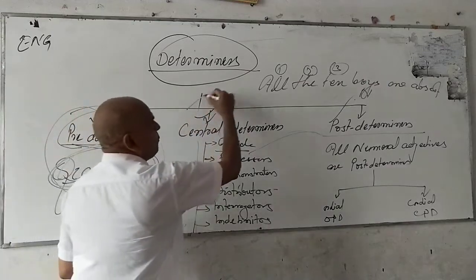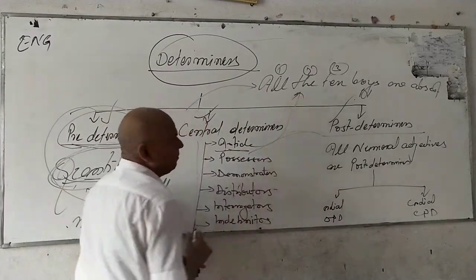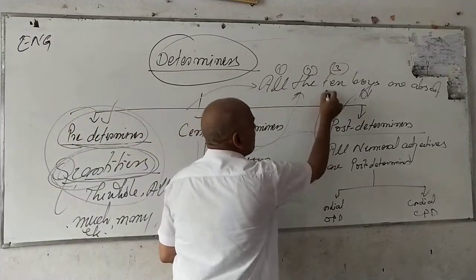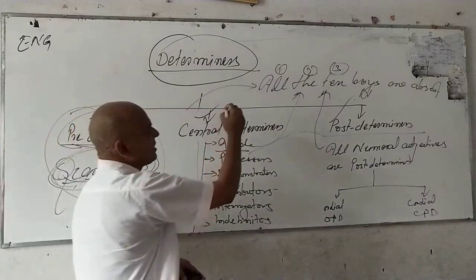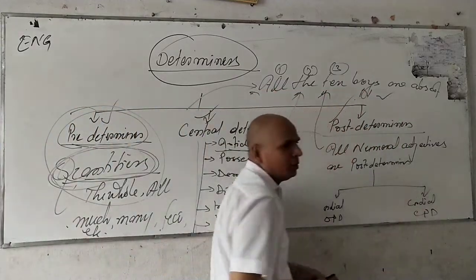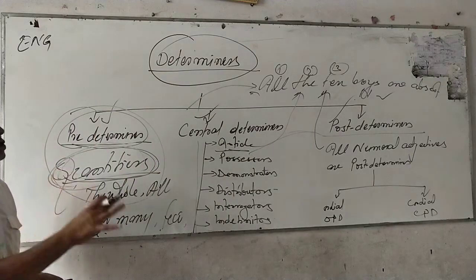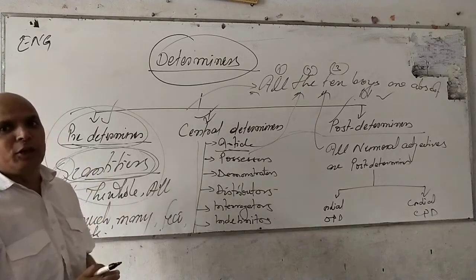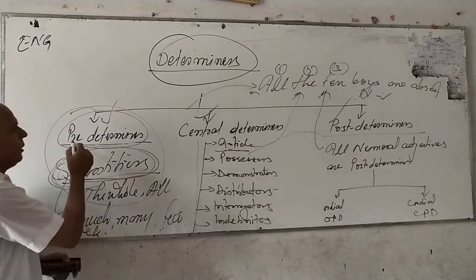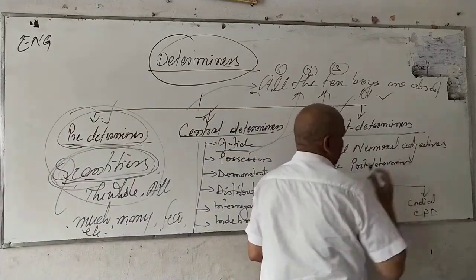Quantifier is supposed to come first, article in the center, and number last of all determiners, and that's why this sentence is grammatically correct. So this classification of determiner tells us the position of determiner, and that's why we initially categorize determiner into three categories: predeterminer, central determiner, post determiner.